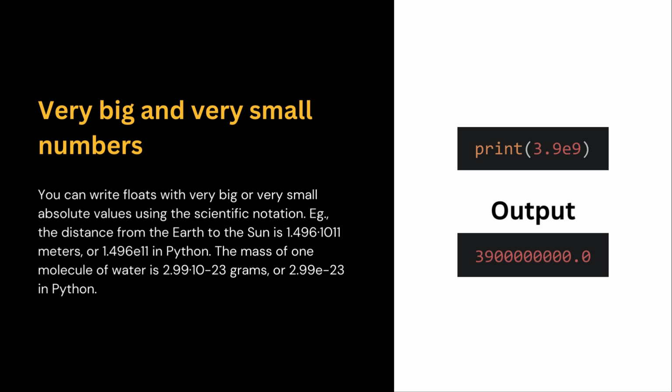So, 3.9 multiplied by 10 raised to the power of 9 equals 3.9 billion. When you run this code in Python, it outputs 3,900,000,000.0, which is indeed 3.9 billion in standard notation. This makes handling extremely large or tiny numbers much simpler and more readable in your code.